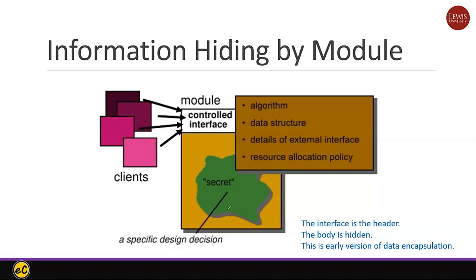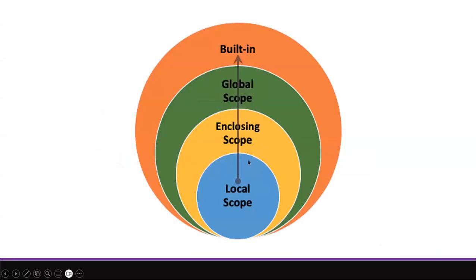That means you try to hide the technical details in your class, and then other classes or programs that want to use that class need to go through the interface, and the interface usually is the parameters, the functions, the accessors and mutators. That actually is information hiding and data encapsulation.